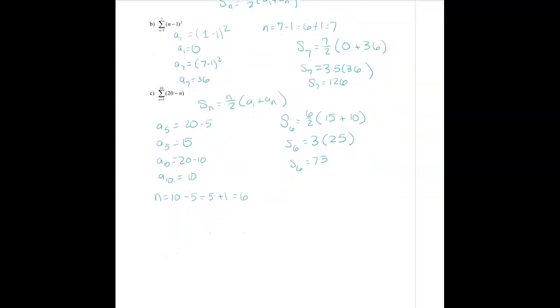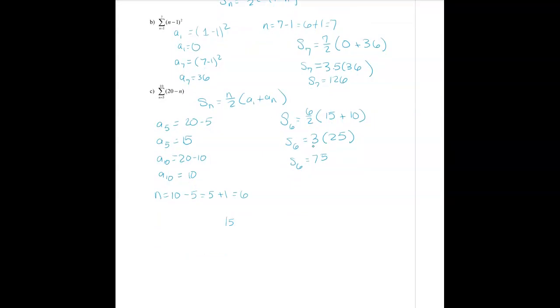And if you think I'm BSing you, you can go 15 plus 14 plus 13 plus 12 plus 11 plus 10, because that'd be 1, 2, 3, 4, 5, 6 terms. That gets me from a sub 5 to a sub 10.